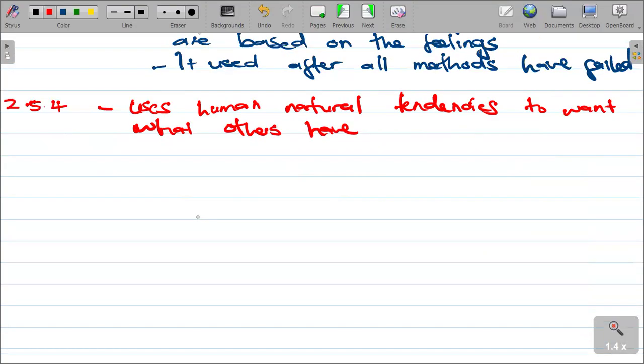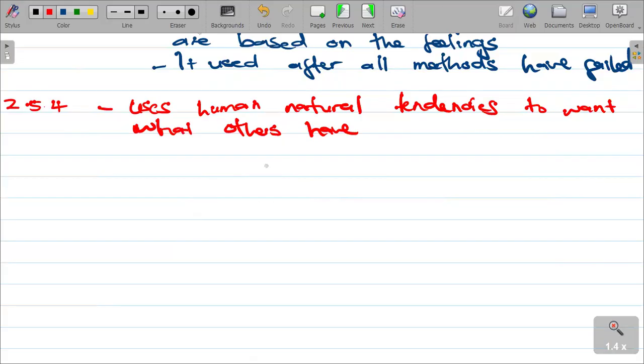Right. So it is against human nature to let an opportunity pass by. For example, if the prospect hears that there is only one article left, or that it has already been ordered, he or she usually wants it. Right. So that's how the technique works.